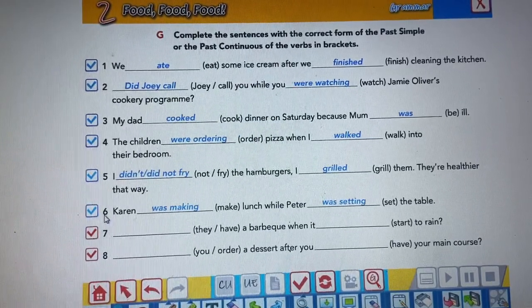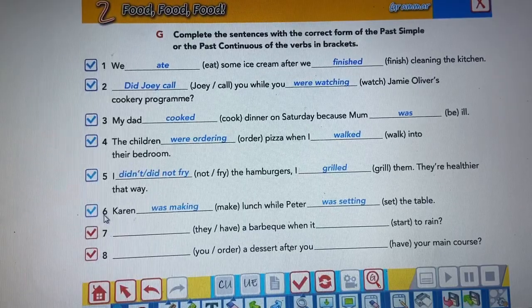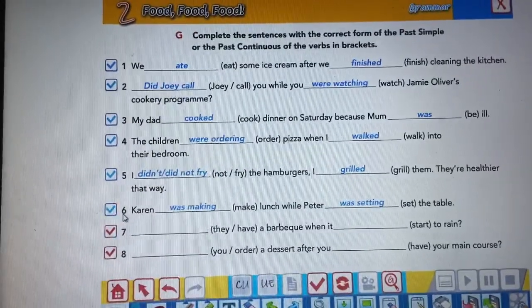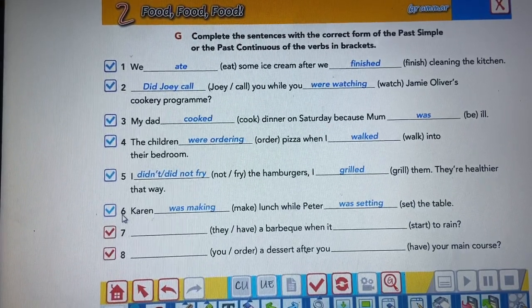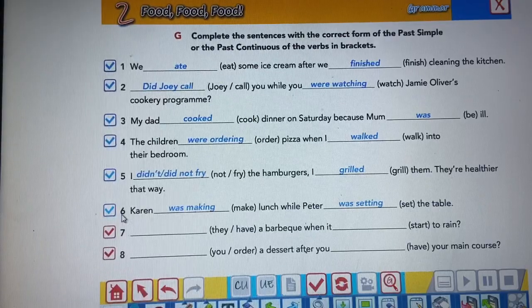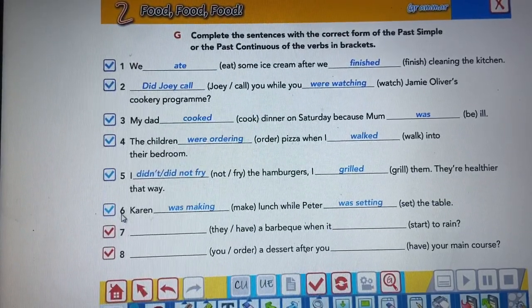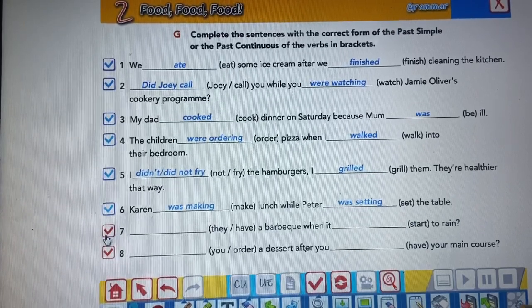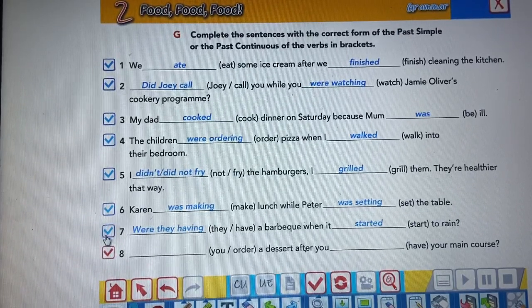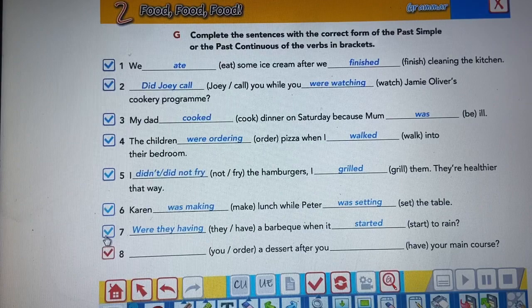So the time expression when should be followed with the past simple form, and the first part should be in the past continuous form. So were they having a barbecue when it started to rain? The last one, number 8.